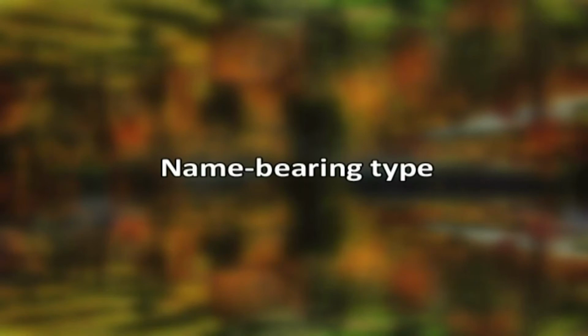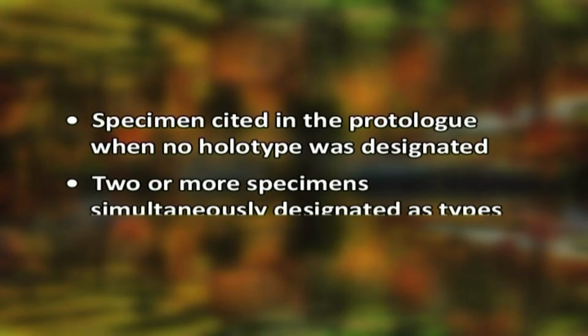The syntypes collectively constitute the name-bearing types. ICBN describes a syntype as any specimen cited in the protologue when no holotype was designated, or any one of the two or more specimens simultaneously designated as types.